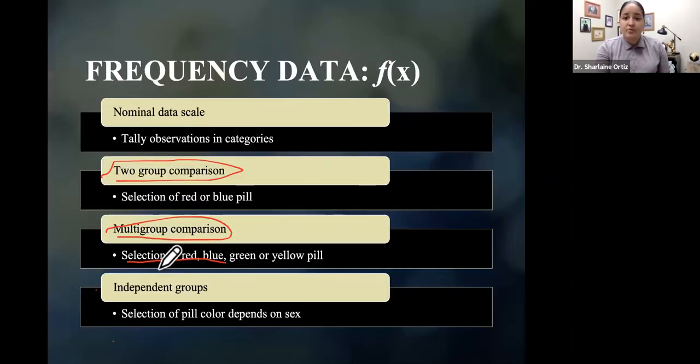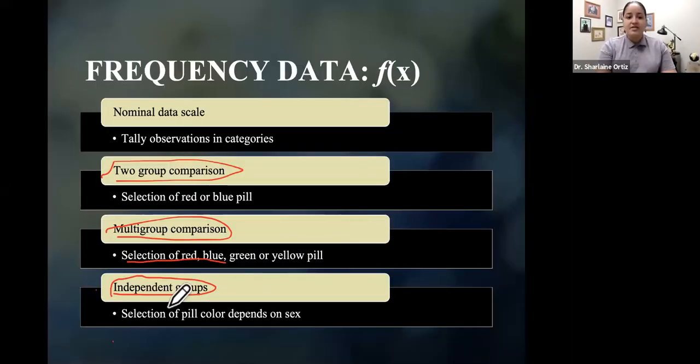In addition, frequency data allows us to observe the tally of independent groups. Something important to remind you of is that whenever we are looking into independent groups, we are trying to see if there's an interaction upon that tally.